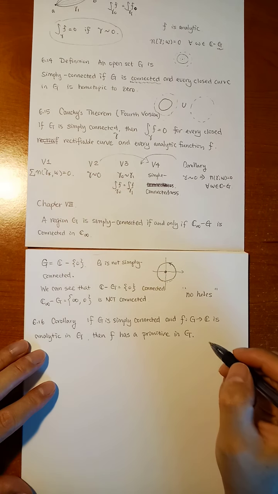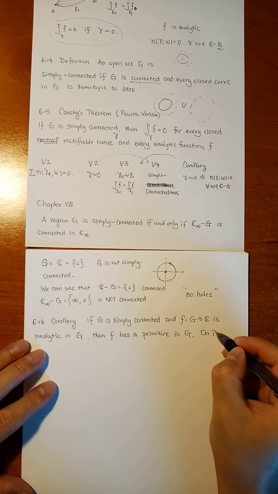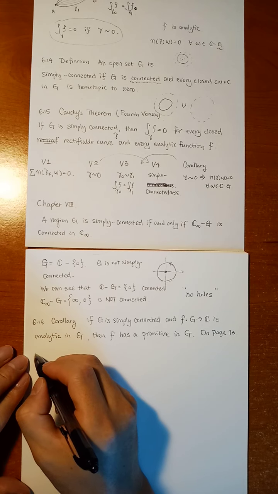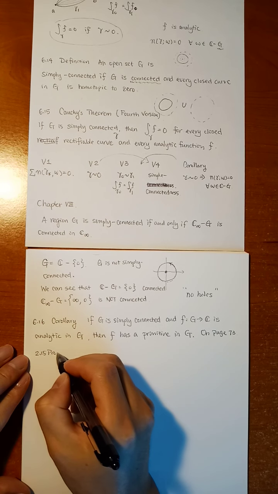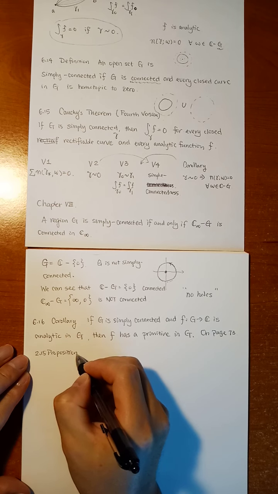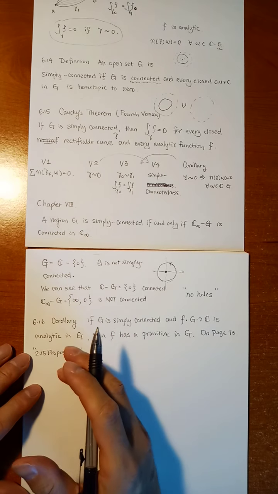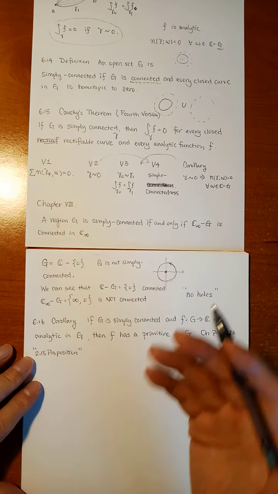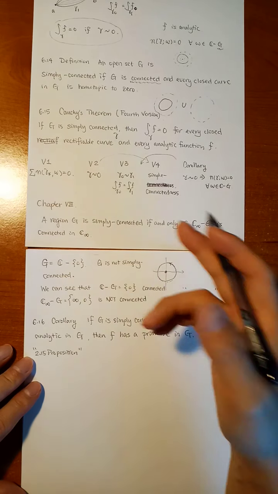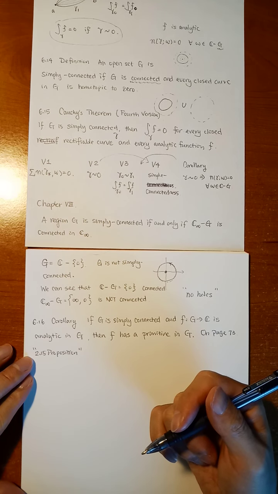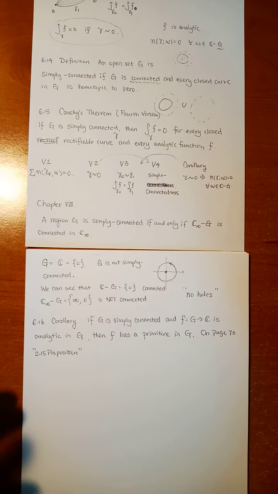Yes, actually, on page 73, proposition 2.15. You actually show that if you have f analytic in the open disk, then f will have a primitive. When it has a primitive, the integral of f along a closed rectifiable curve will be 0. That's the first baby example of the Cauchy theorem. Okay, so it's a long time ago.